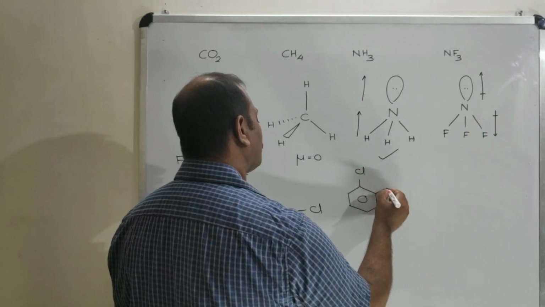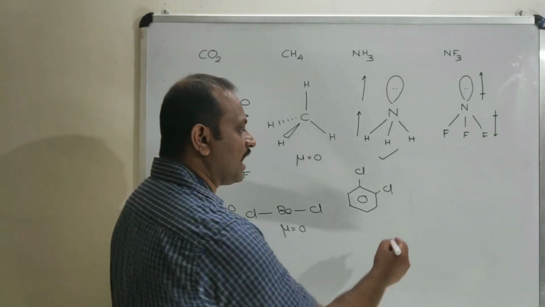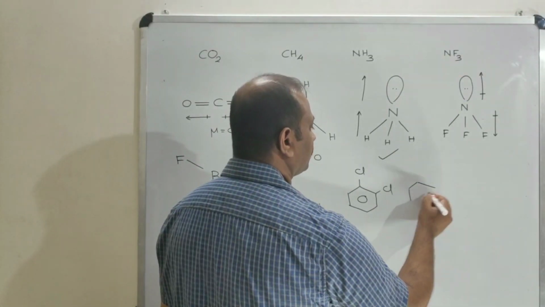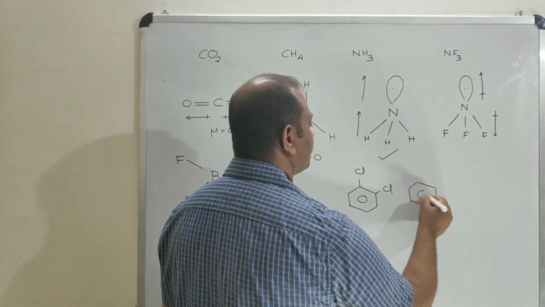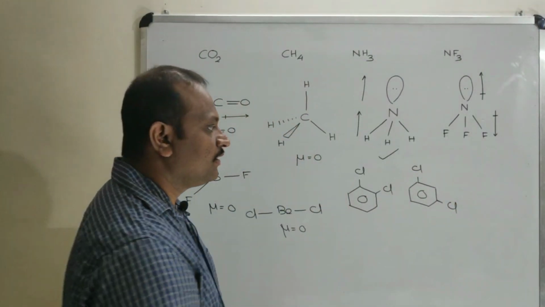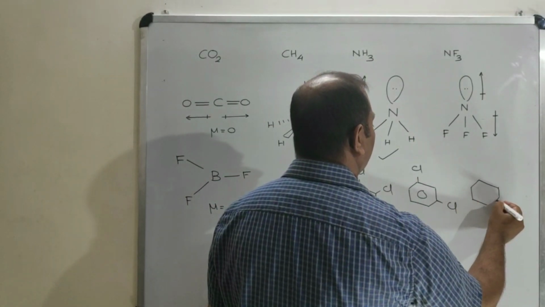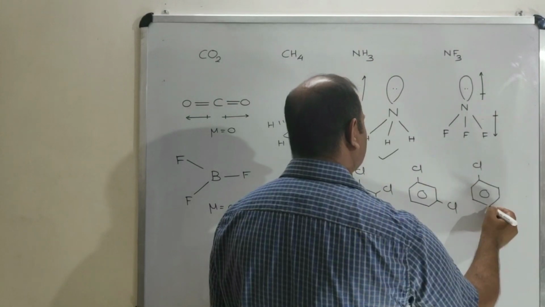Here chlorine, here also chlorine. And the next compound, I am just writing here, 1,3 dichlorobenzene. And the next compound, obviously, 1,4 dichlorobenzene.